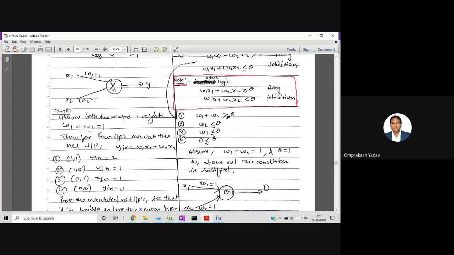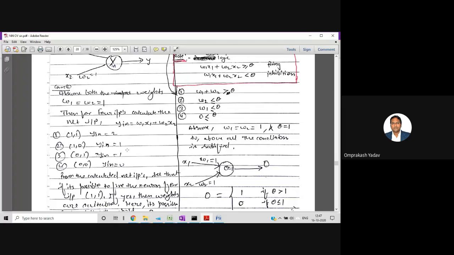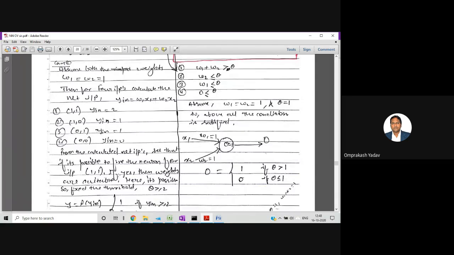If we are not able to separate it out properly, that means the assumed weights were not right, and we will have to modify the weights and calculate again. But here, after assuming w1 and w2 equal to 1, we can easily separate the first case from the rest of the cases. So the assumed weights are right.